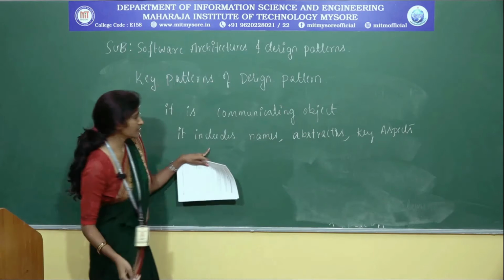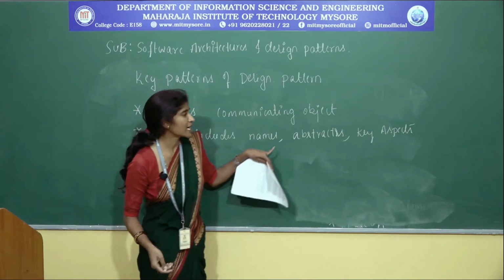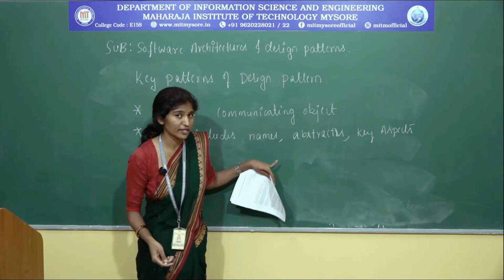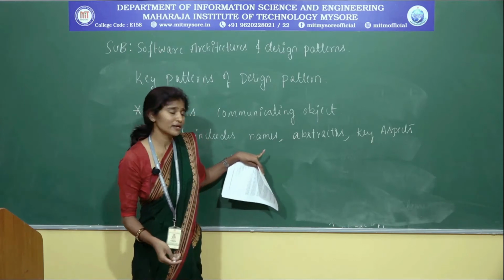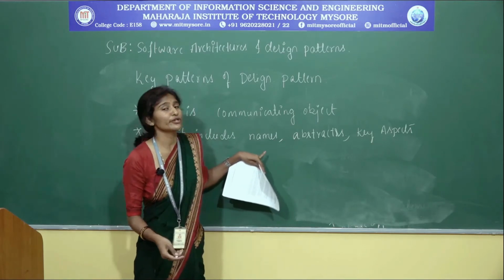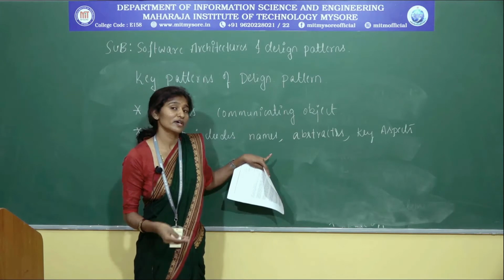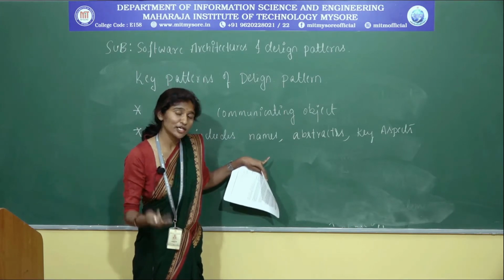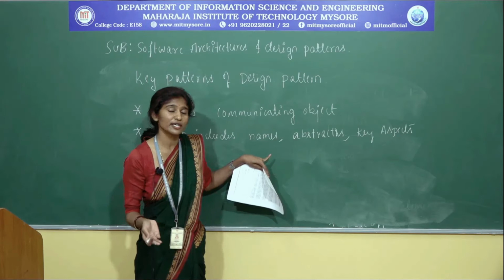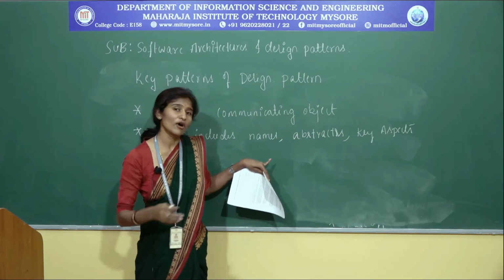The second key point is that it is going to include the names, abstracts, key aspects and everything. So what will this design pattern have? Yes, it is going to have the name, application, structures, implementation details, everything. It is going to include all the aspects.